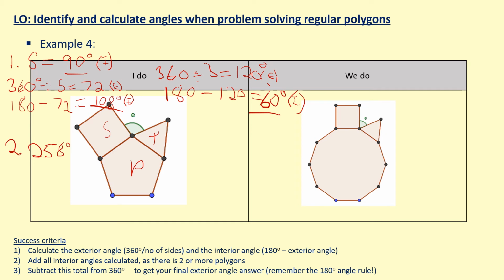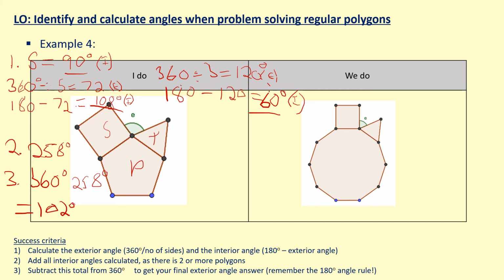And then the final step, as we always do, number 3, 360 subtract that 258, and that's going to leave us with 102.